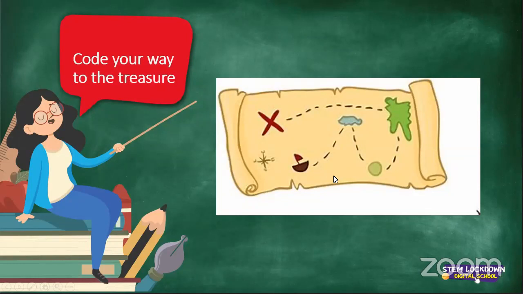The first place that it needs to go to is to that rock. And there's a different amount of steps that it needs to follow to get to that rock. So as a computer programmer, I would need to tell the computer to go 1, 2, 3, 4, 5 steps in order for it to reach the rock.